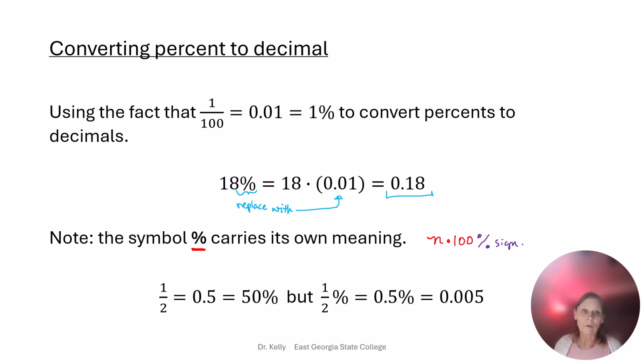Okay, so keep that in mind, and here's an example to help you see that. 1/2 is equal to 0.5, and 0.5 is equal to 50%. But 1/2% is equal to 0.5%, and that is actually equal to 0.005, because if we were to work this out, we'd have 0.5 times 0.01, and that gives us our 0.005. I think it's kind of a clever way to look at it.